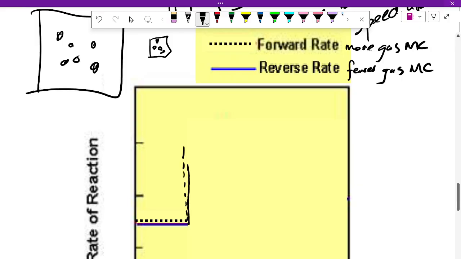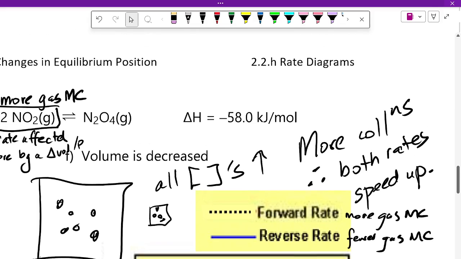But shouldn't the reverse be more? Well, if the reverse rate is faster, then we would be shifting towards the reactants. Are we shifting towards the reactants?